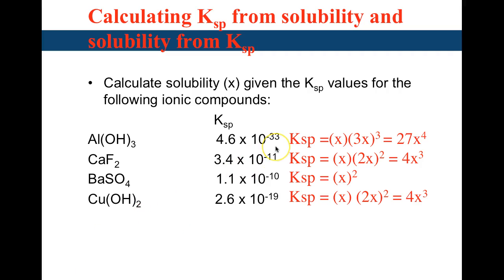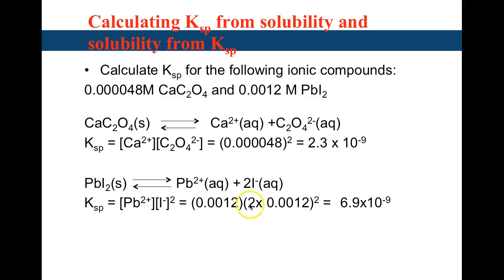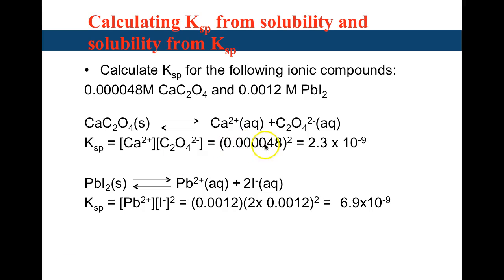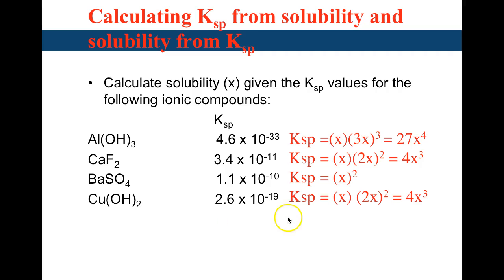If you're given the Ksp values and then asked to find the solubility, that's this. Previously, solubility was given and you were asked to find the Ksp. This time the Ksp was given and you're asked to find the solubility numbers. So what do you do?